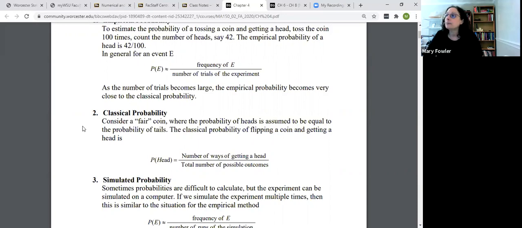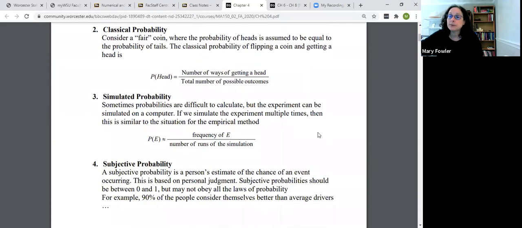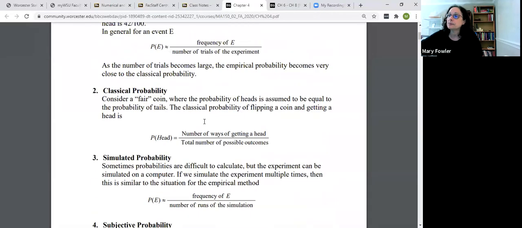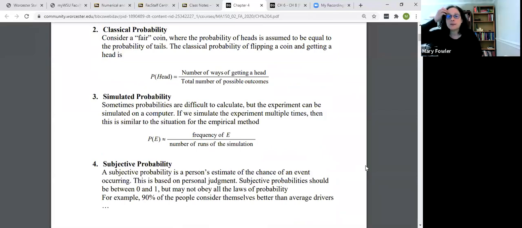Another way of thinking about probability is the simulated probability, which is similar to the empirical probability. So a simulated probability is when maybe I don't want to toss the coin 100 times, but I'll go on to Excel and I'll ask Excel to toss a coin 100 times. And so sometimes probabilities are difficult to calculate, like the structure that the classical probability might bring to us might yield a lot of difficulty in mathematics to calculate a specific kind of probability.